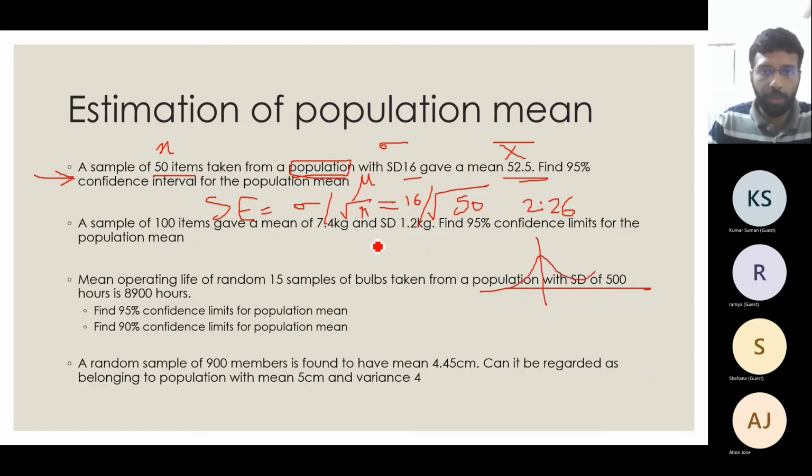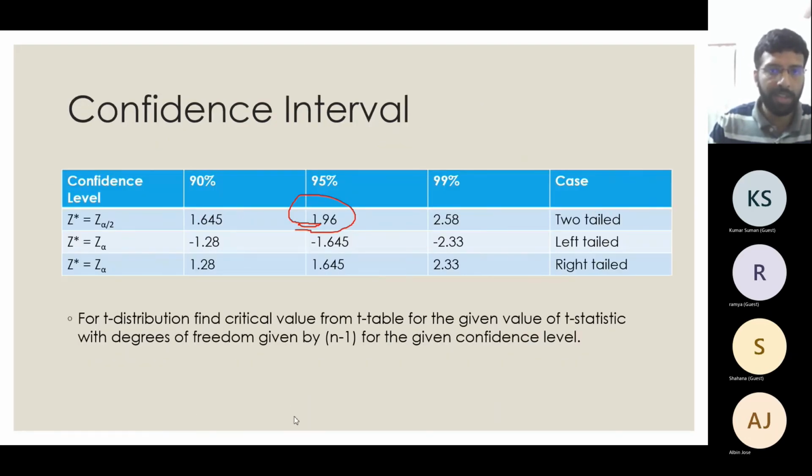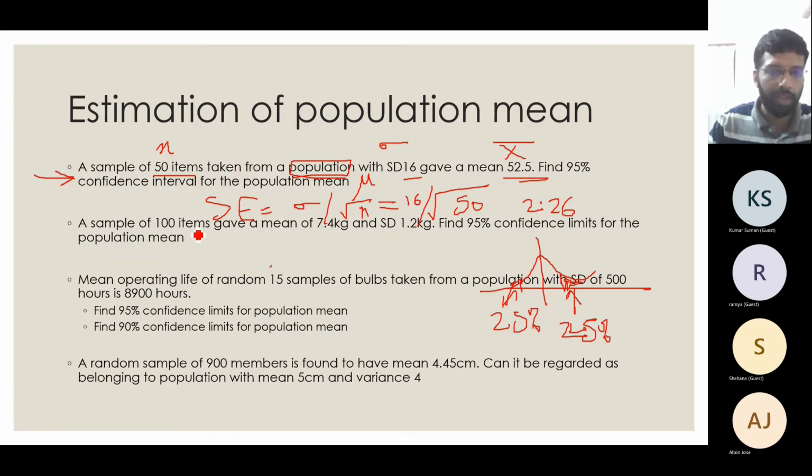So I have already computed. One tail will be 2.5%, this tail will be 2.5%. So the corresponding value I have already found out from my normal table and kept here. So that is 1.96. So I have to find the margin of error, that is given by Z critical into standard error. Z critical in this case is 1.96 into 2.26.